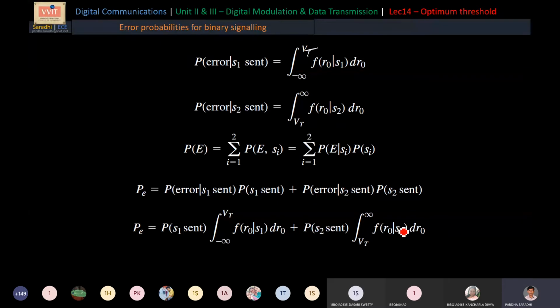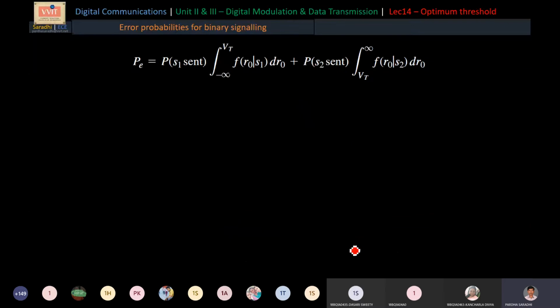Now listen carefully, we are going to solve these integrations and substitute over here, right? But first of all, we should know what these density functions are. Any guess? Let us see. This is the expression we are talking about.